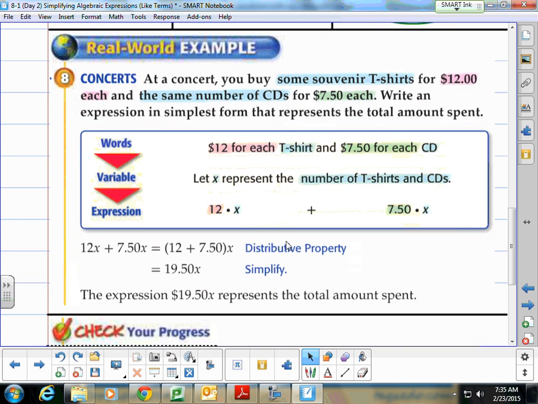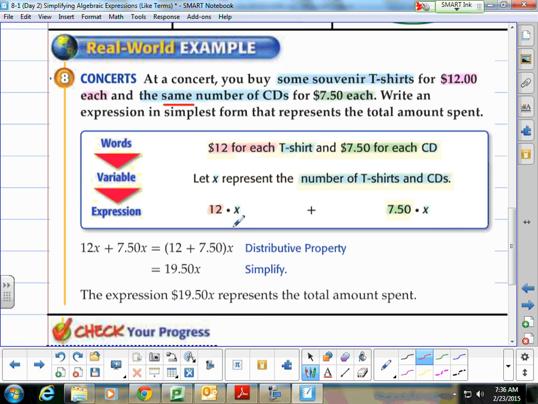Now word problems, concerts. At a concert, you buy some souvenir t-shirts for $12 each and the same number of CDs for $7.50 each. Write an expression in simplest form that represents the total amount. The "some" means we don't know how many we've bought. So we can do 12 times x for the t-shirts and 7.50 times x for the CDs, since it's the same number, so that variable can represent the same amount.